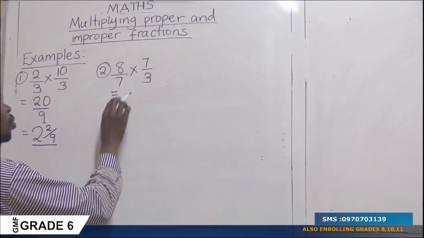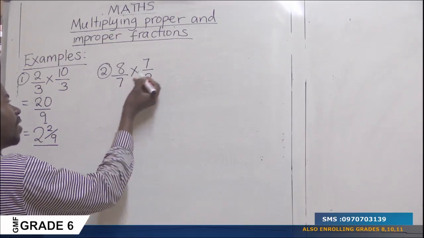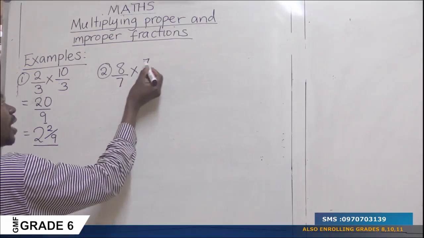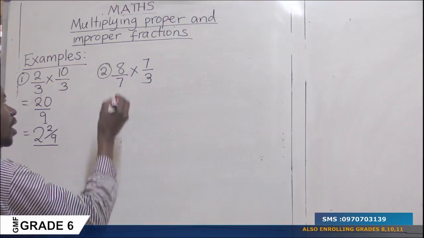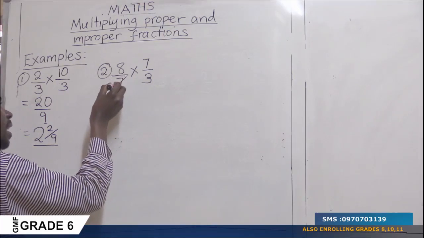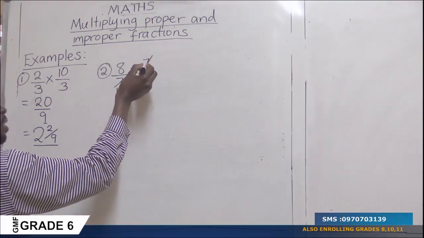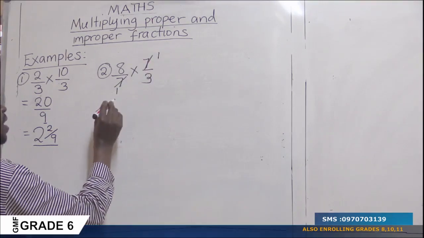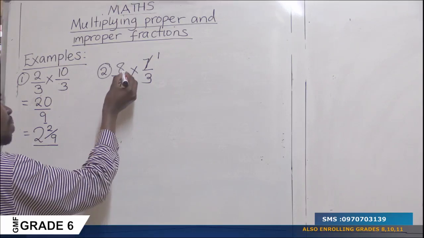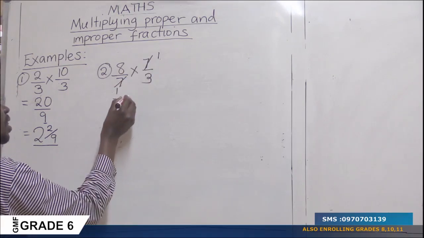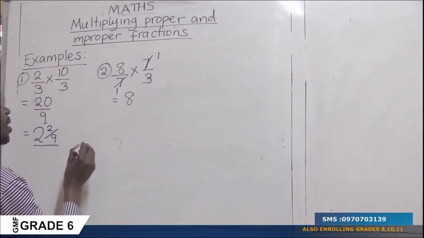So we can divide 7 and 7 because 7 and 7 can divide each other. 7 into 7 is 1, and 7 into 7 again is 1.